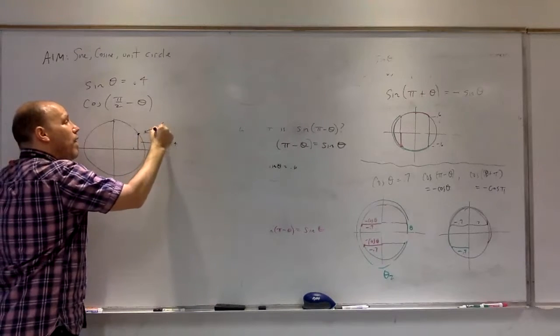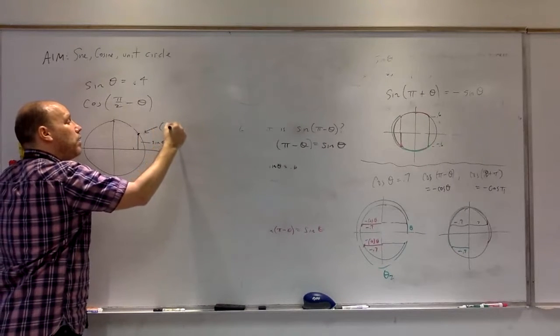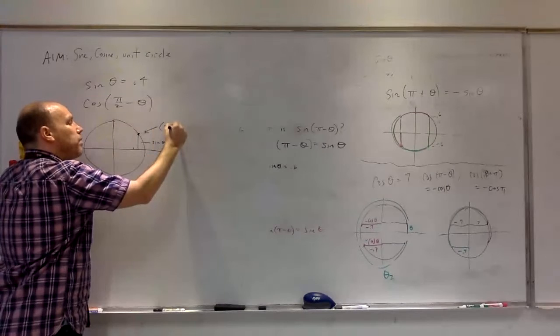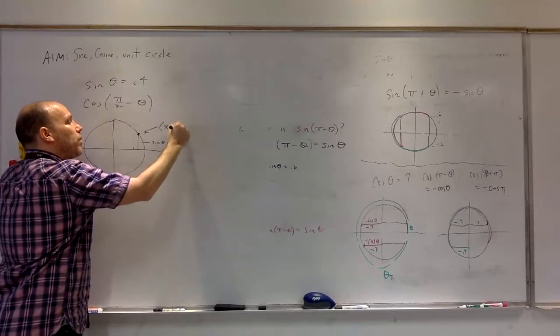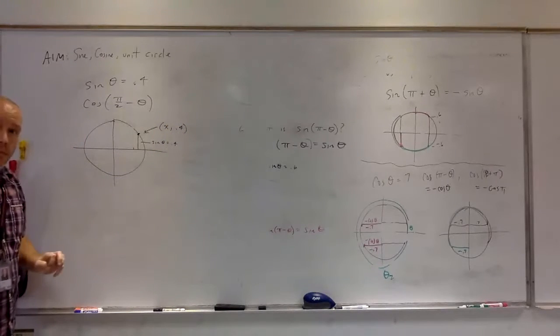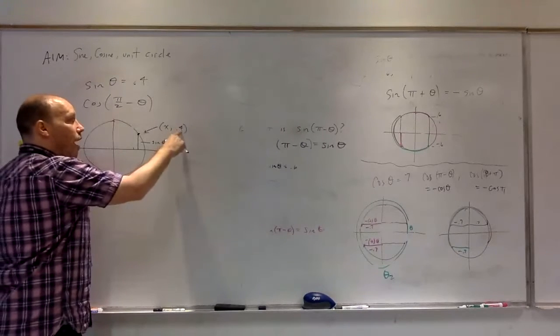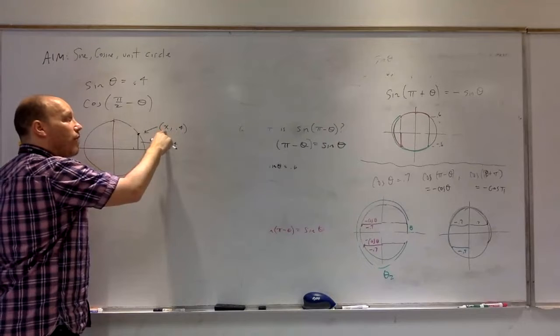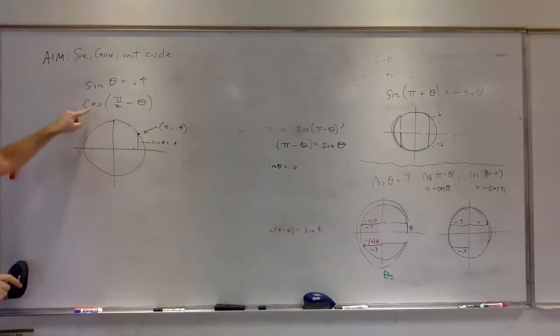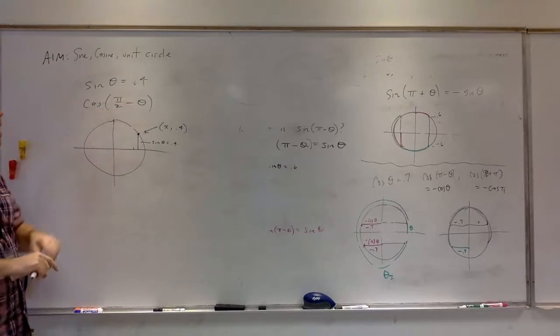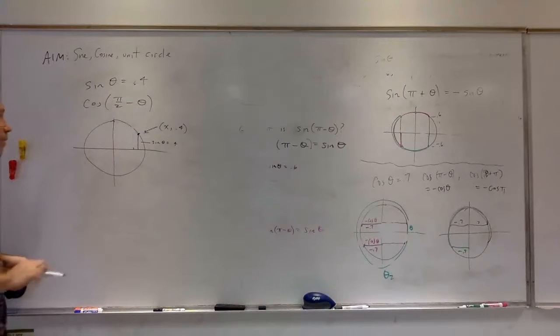So you might say, Mr. Adler, that's x comma 0.4. Right? So this is the sine of theta, that's the cosine of theta. And I want to know what the cosine of 90 minus theta is. What do you think?